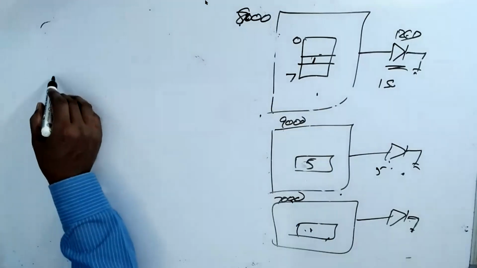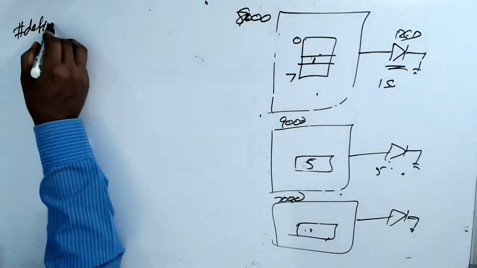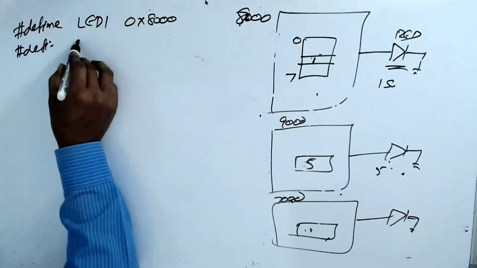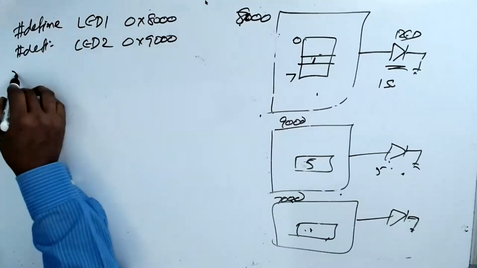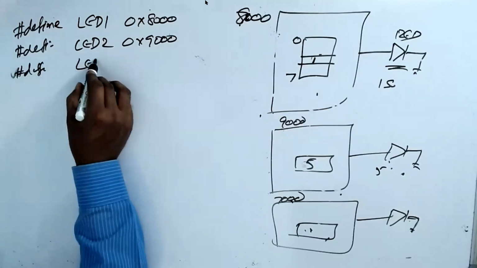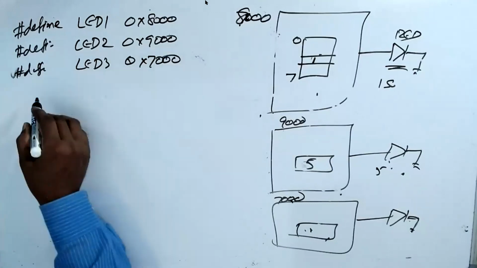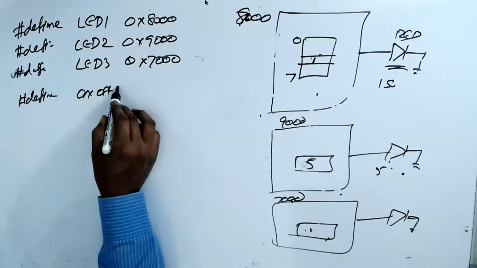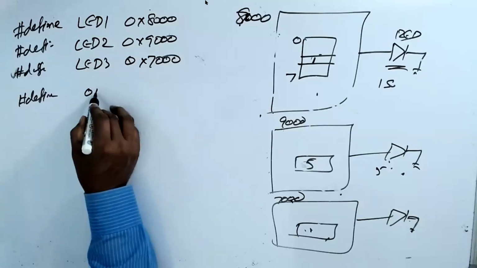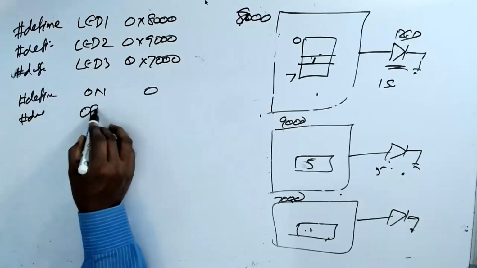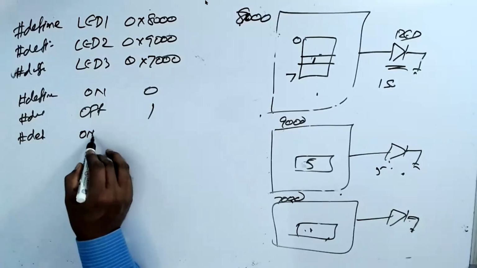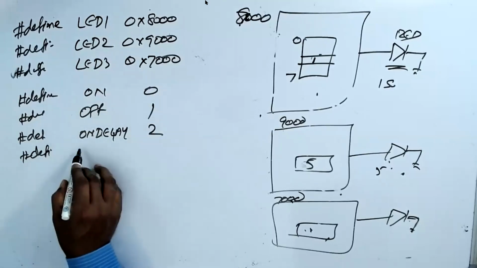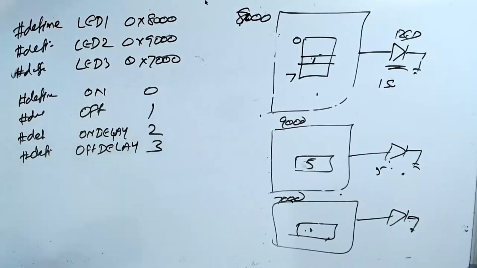Now, if I say #define LED1 0x8000, #define LED2 0x9000, #define LED3 0x7000. And if I say #define ON 0, #define OFF 1, #define ON_DELAY 2, #define OFF_DELAY. Understand now?